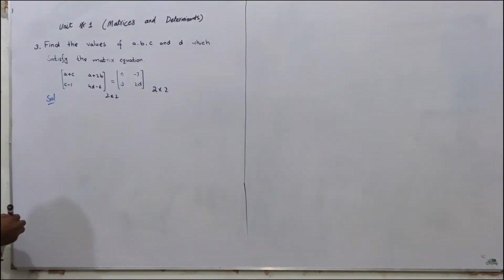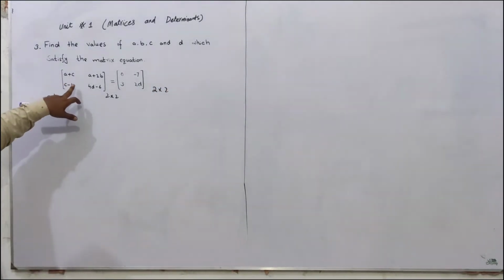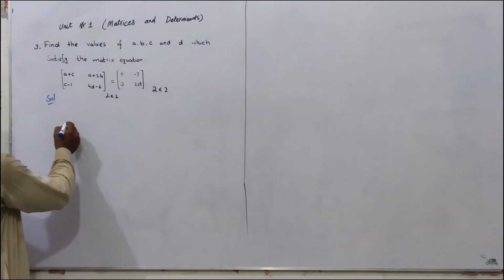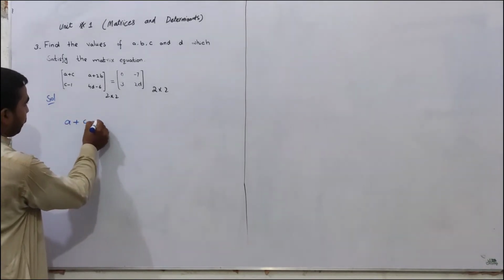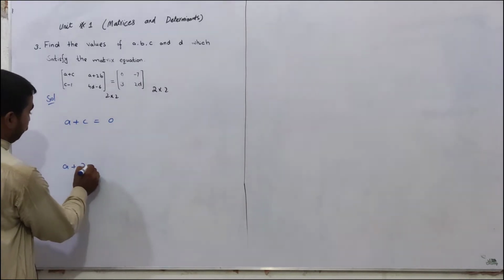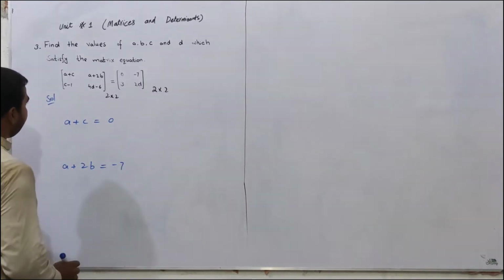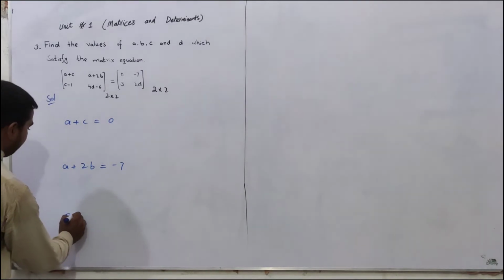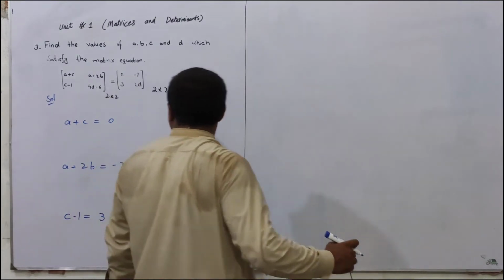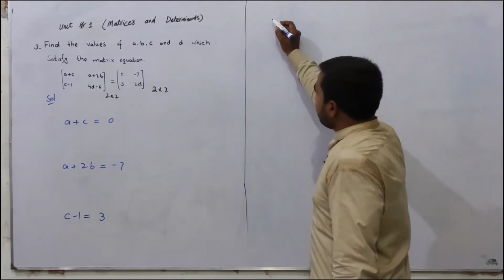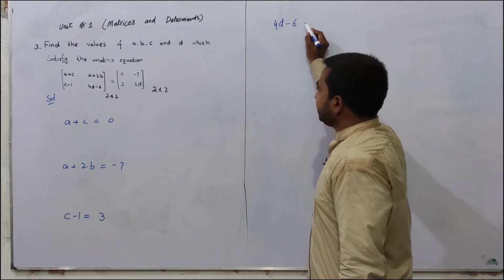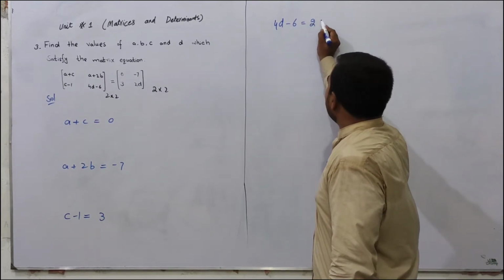We find the unknown values. A plus C is equal to 0. Now A plus 2B is equal to minus 7, C minus 1 is equal to 3, and 4D minus 6 is equal to 2D.